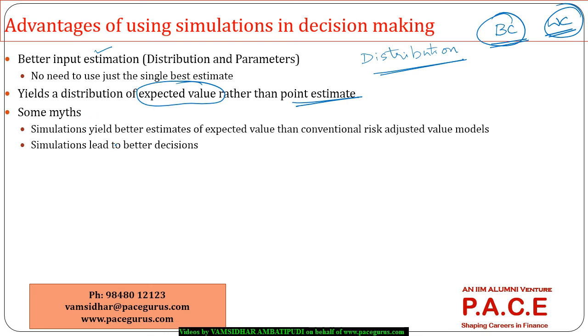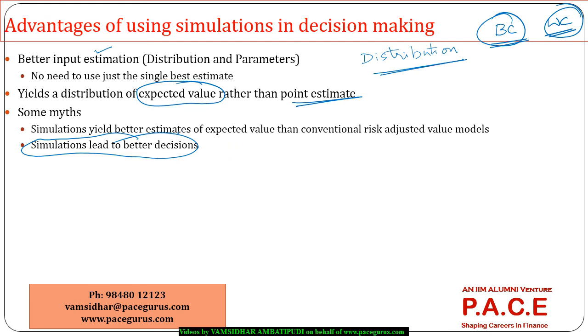But at the same time, we cannot say that simulation can lead to better decisions. Simulations will give me a better picture, but they can't lead me to take a better decision. It gives me an enhanced way of looking at my inputs and the outputs, but my decision is not improved in any way through the simulation process.